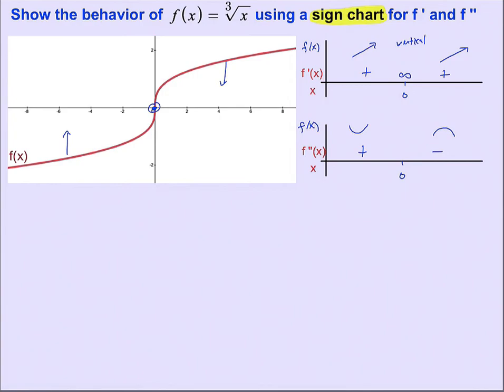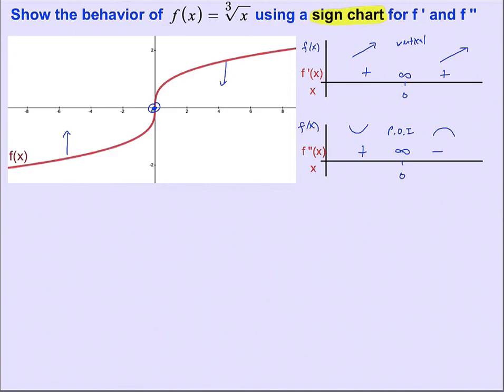You can only take the derivative of a function that's continuous, so if a function has a discontinuity, it also won't have a derivative at that spot. So the second derivative also can't possibly exist at that spot. But notice how the second derivative switches from positive to negative when x is 0. f of x switches from concave up to concave down when x is 0, which means that when x is 0, there must be a point of inflection.